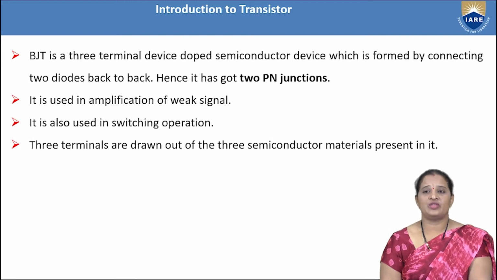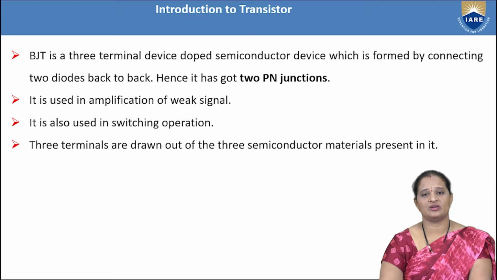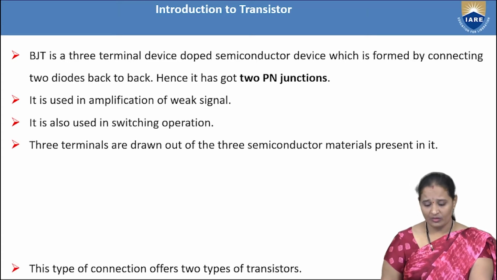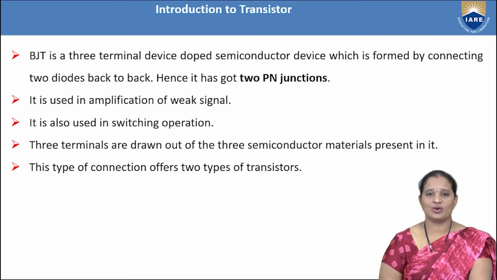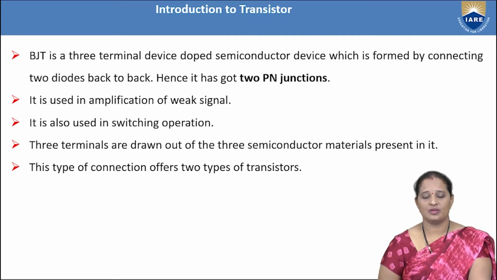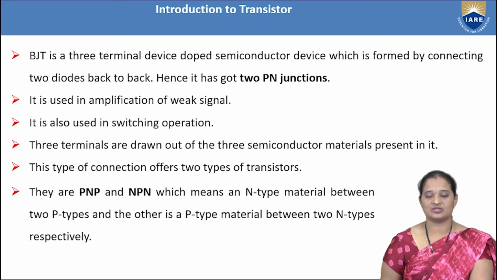The three terminals are drawn out from the semiconducting materials, and we will be discussing those three terminals. What are the three terminals? Before discussing the three terminals of a transistor, we have basically two types of transistor. Depending on the type of construction, transistors are classified into two types, that is NPN transistor and PNP transistor.